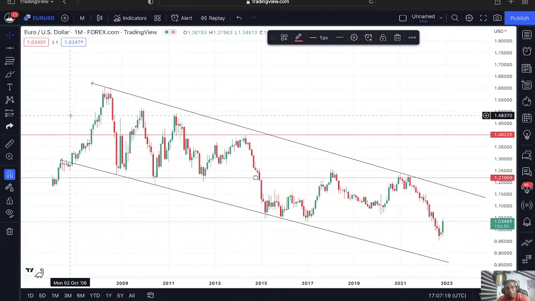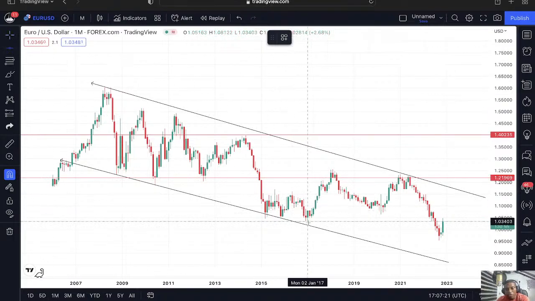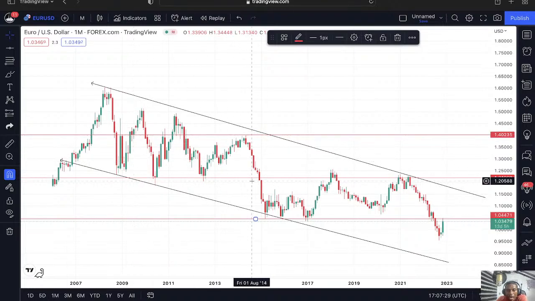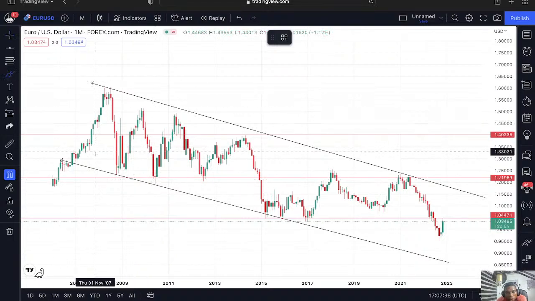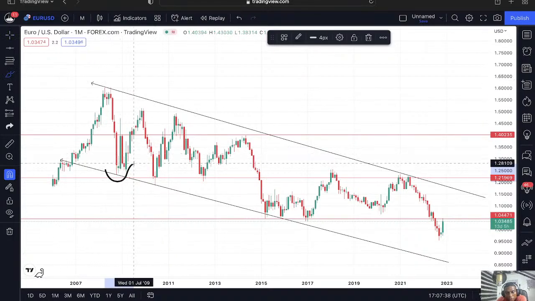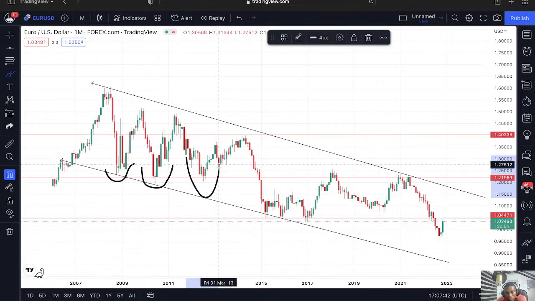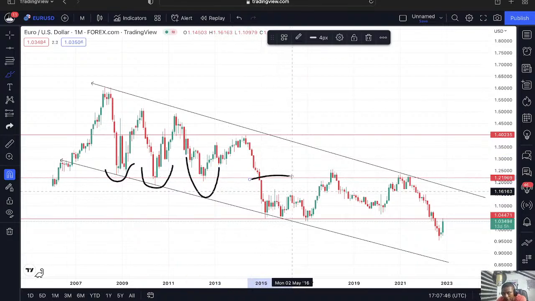And we can also see another level of support turned resistance. Here we can see how price struggled to break out of this level, and out of this level, and out of this level. And we can see how price finally broke out from here.